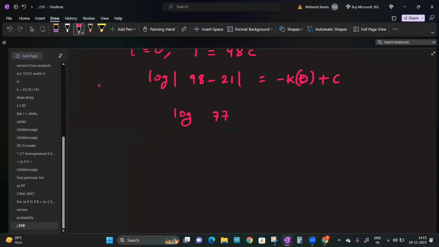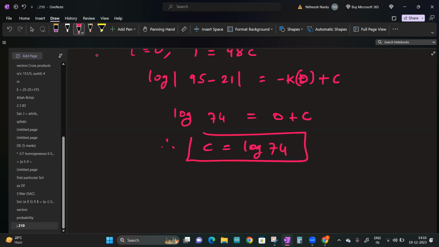Very good. Since it is a positive value, there is no need for the modulus. Is it 98 or 95? Tell me correctly. 95. The cup's initial temperature is 95, so 95 minus 21 is 74. This is 0 plus C. Therefore, we get the constant C as log 74.